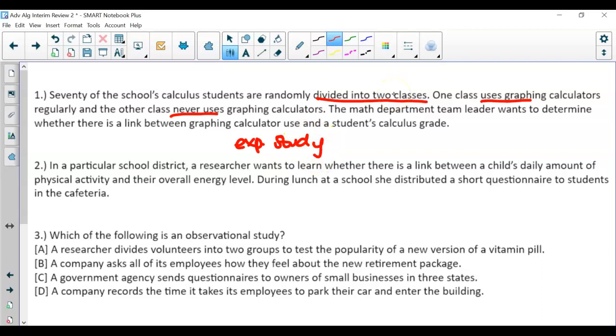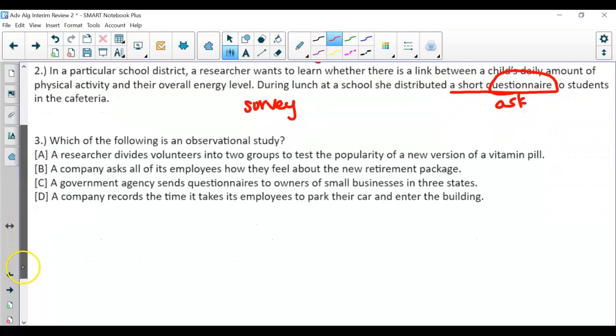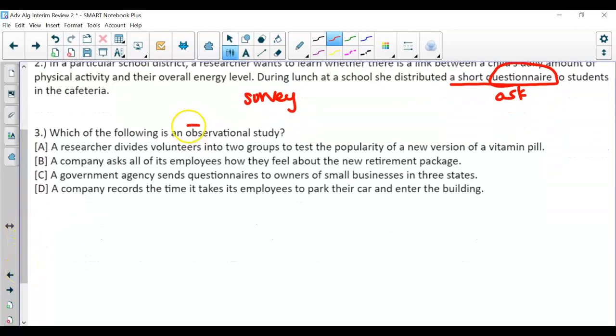Now in question 2, in the end, during lunch, she distributed a short questionnaire, meaning a survey. She asked, so this is a survey. Question 3, which of the following is an observational study? A researcher divides volunteers into 2 groups. Nope, that is experimental.